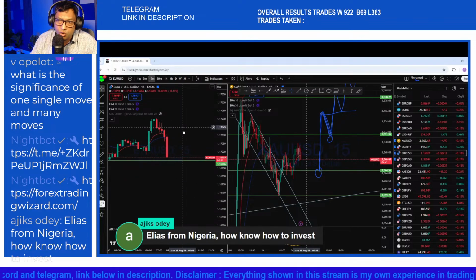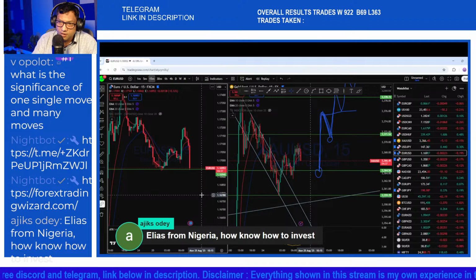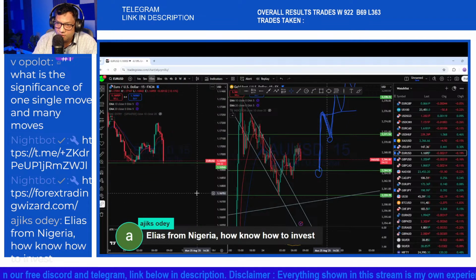As we discussed on euro dollar, we can see there is one single move back below here, and it has just hit that key level from here.